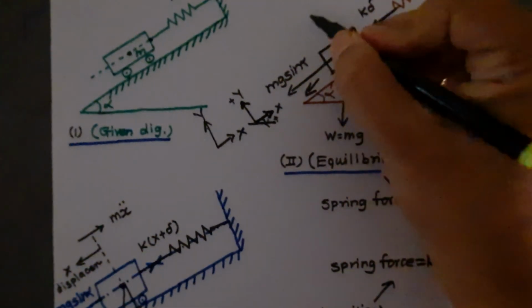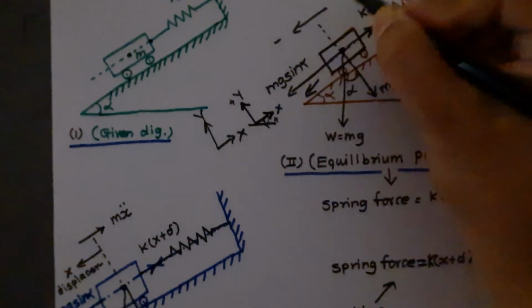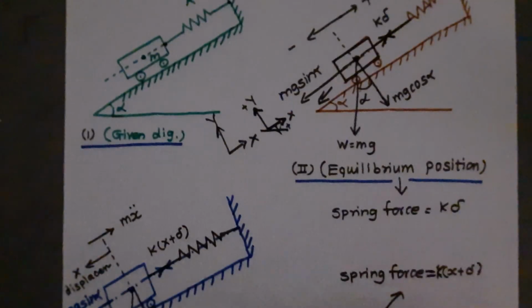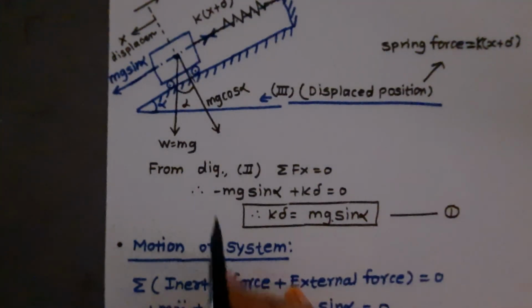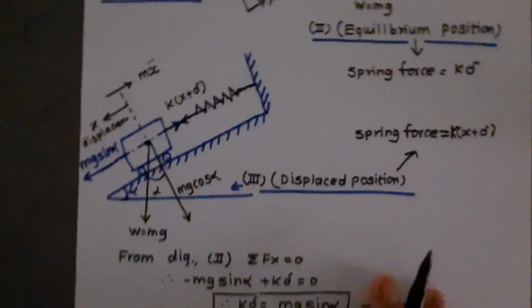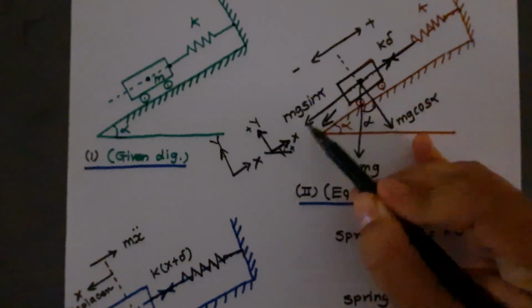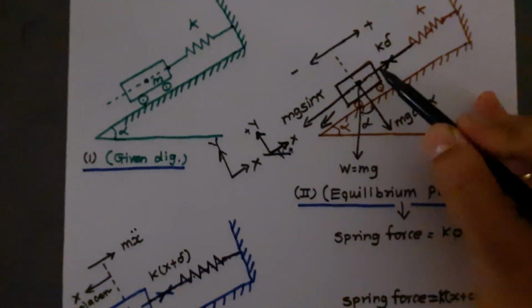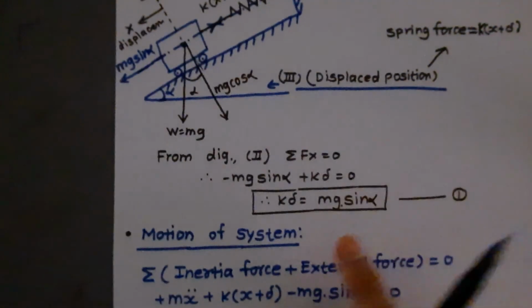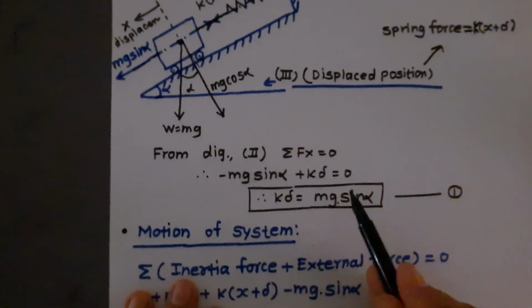Therefore I am going to take left hand side forces as negative and right hand side forces as positive. Based on that, for diagram number 2, the equilibrium position diagram, we have minus mg sin alpha, it is the left hand direction, and plus k delta. So this is summation of F of x equal to 0.